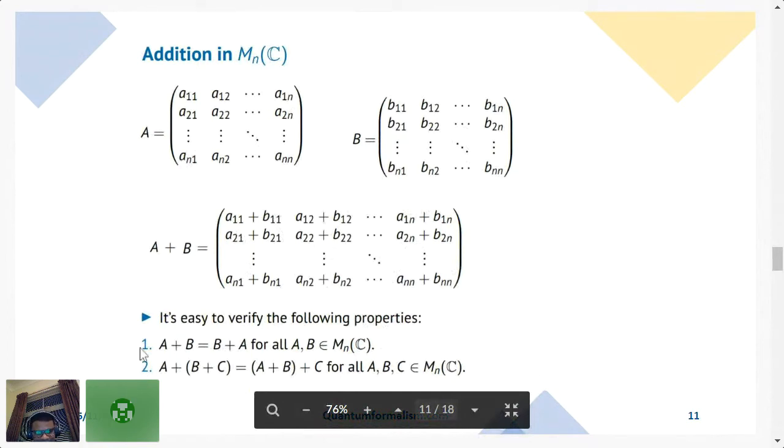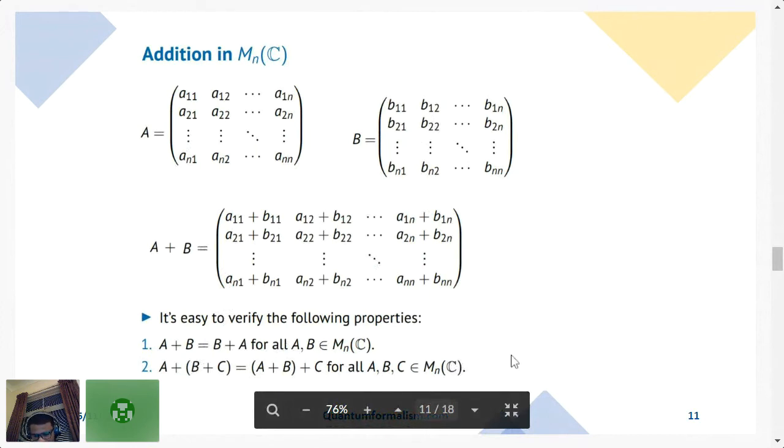The key to note, which is also very obvious to all of you, is that addition is commutative, A plus B is the same as B plus A, and it's also associative. And since we are on addition, you can also define subtraction the same way, by subtracting the individual elements. Obviously, you do the operation in C.